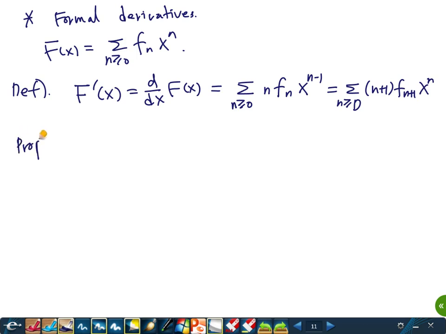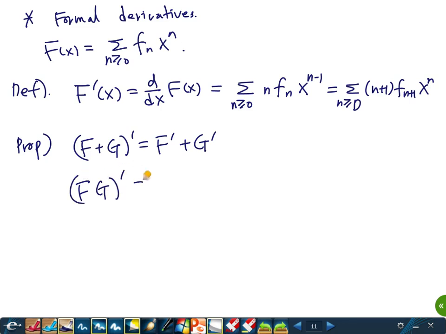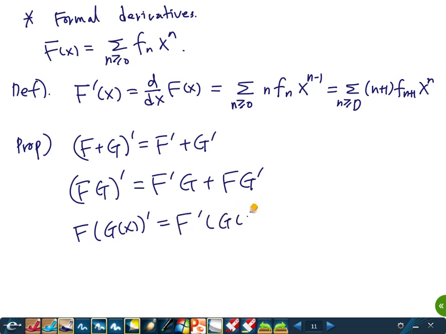Then, using only these formal definitions, you can prove the derivative rules like this. And the product rule or Leibniz rule, these can all be proved using just the definition. Chain rule, using the formal definition.